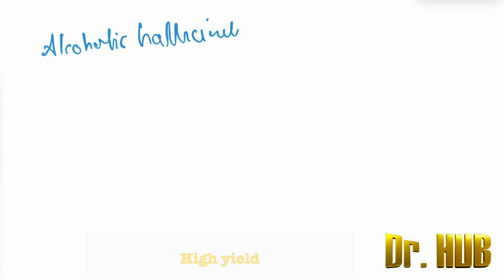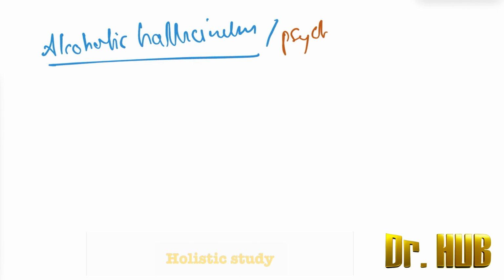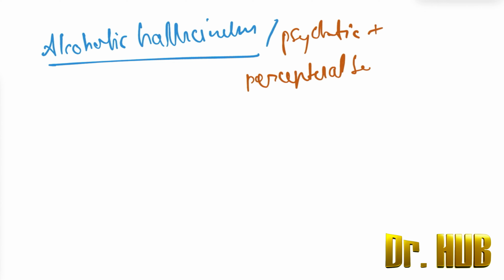Next we look at alcoholic hallucinations. So there are alcoholic hallucinations, and also psychotic and perceptual symptoms. What happens in this case?